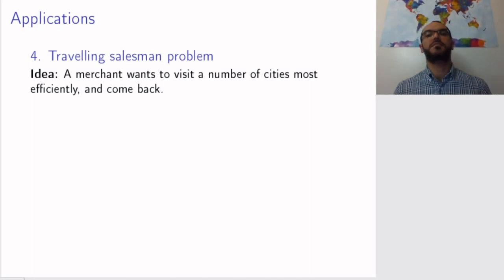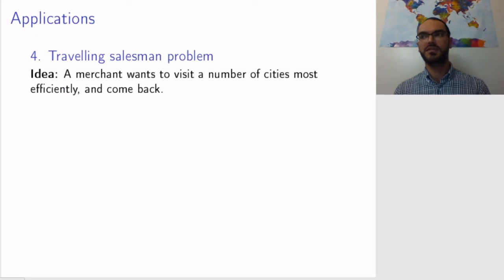Our final problem, and perhaps the most famous one, and also the most difficult one, so we will barely touch upon it, is the so-called traveling salesman problem. That's how it's called. There is no reason why the salesman or the postman, the previous problem, has to be a man. But so we have a salesperson or a merchant who wants to visit a number of cities to sell their product.